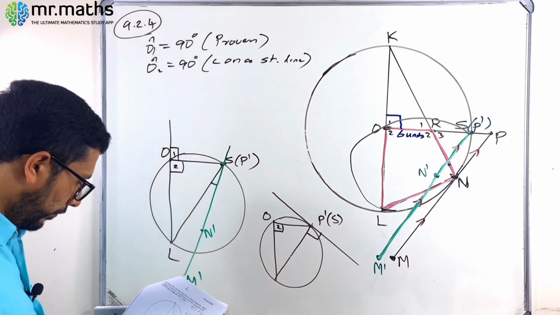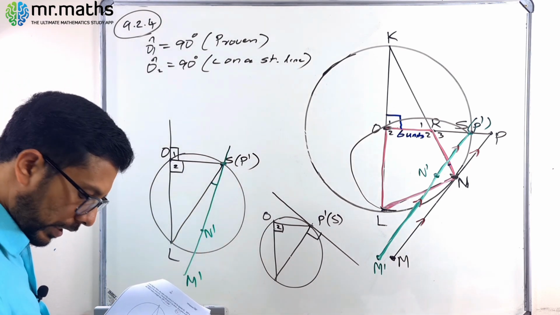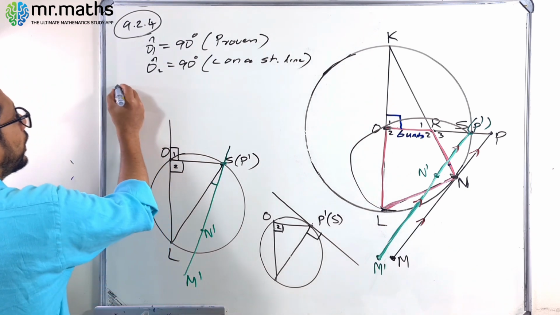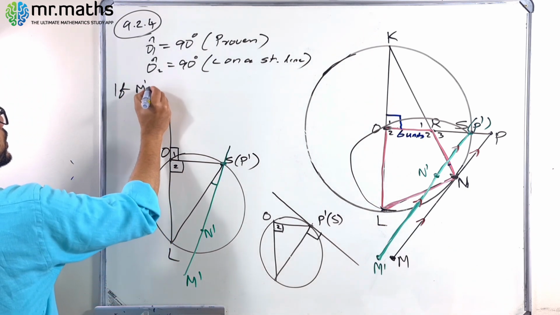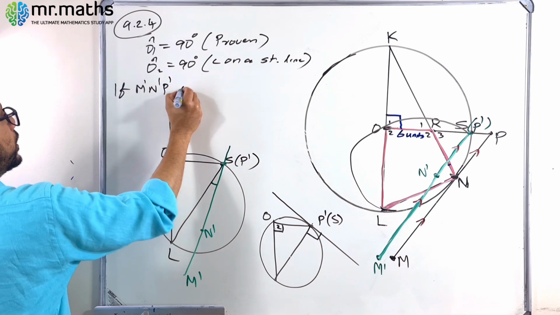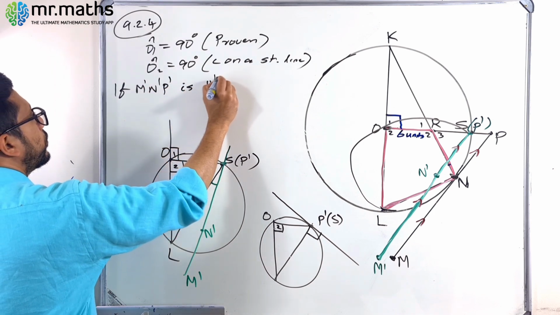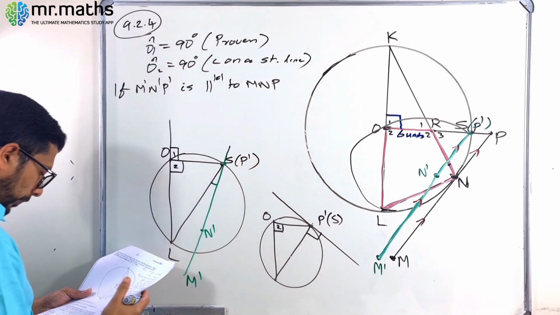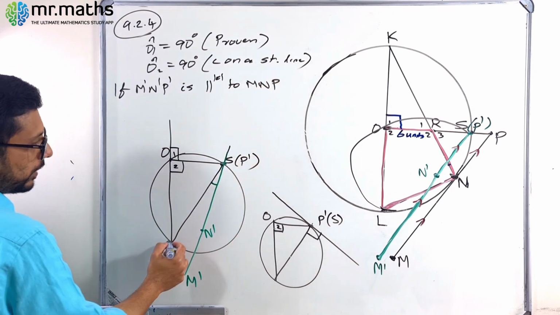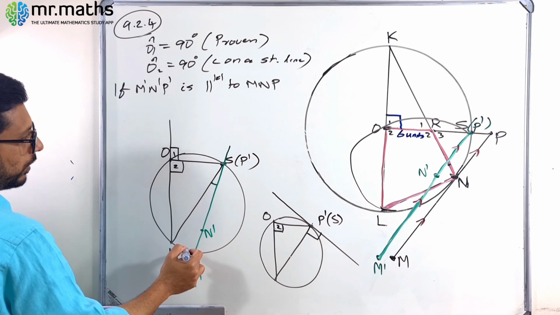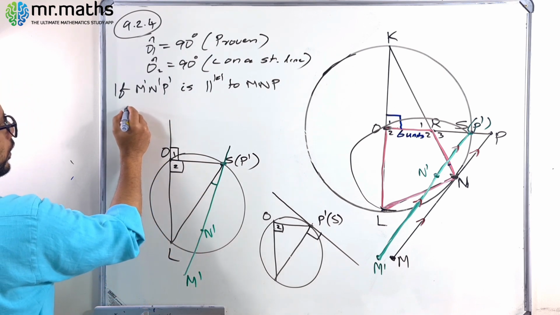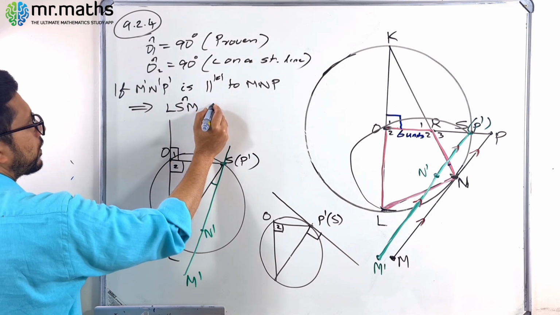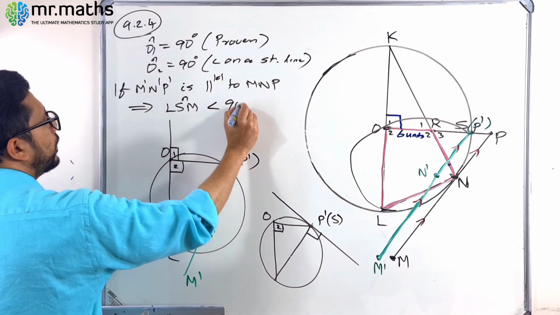So if M dash N dash P dash is parallel to M N P, then it implies that angle LSM is less than 90.